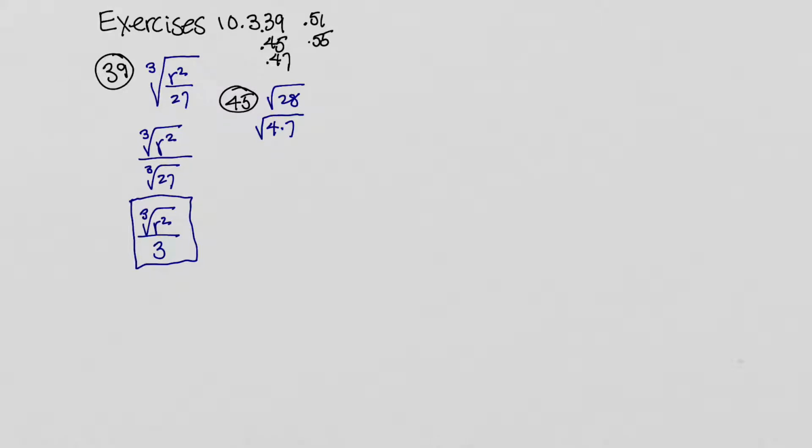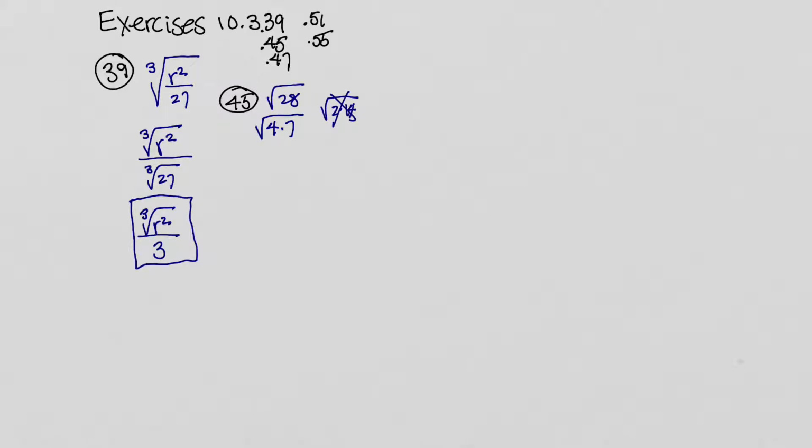And I'm choosing 4 times 7 because I know the square root of 4. I'm not, for example, going to do something like this. The square root of 28, maybe I could write it as 2 times 14, but this is not going to help us because I don't know the square root of 2. I don't know the square root of 14. So I'm not going to do that.